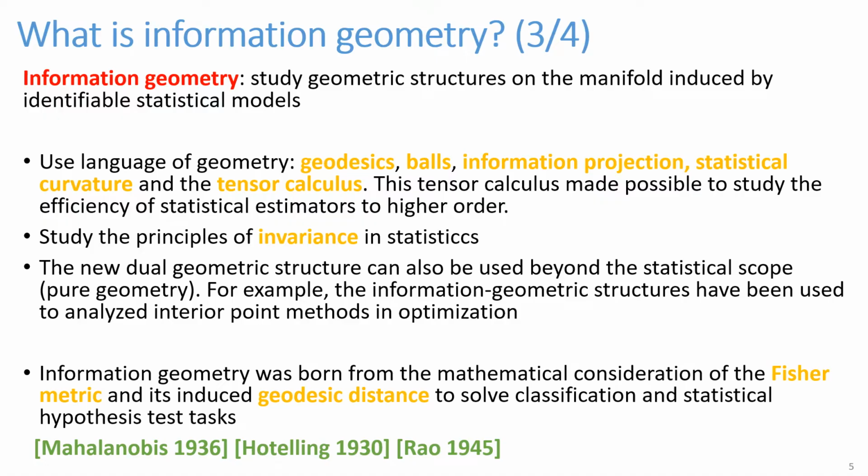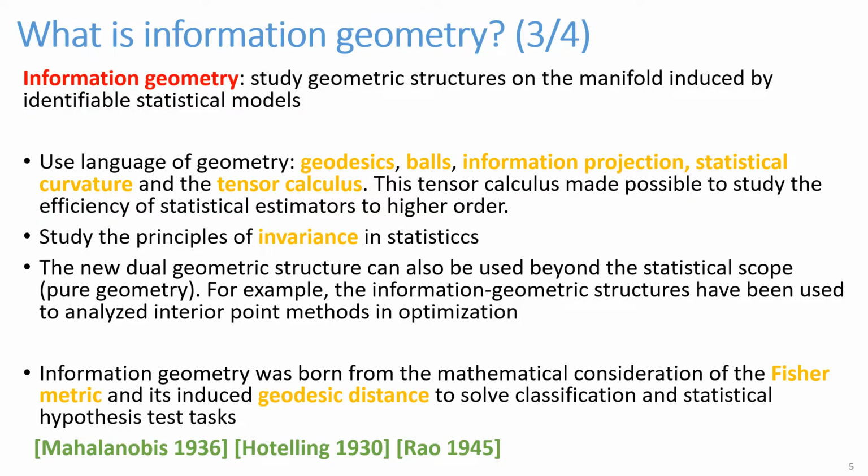The geometric approach allows one to use the powerful language of geometry, like the notion of geodesics, balls, information projection, and statistical curvature, and offers a calculus toolbox of differential geometry. A key concern is to define and study statistical invariance. Information geometry has unraveled a beautiful dualistic structure which can be used beyond the scope of statistics, like for example for studying optimization algorithms on manifolds.